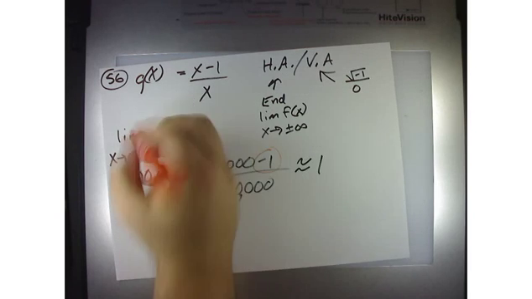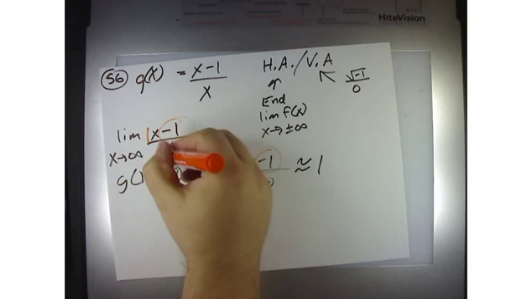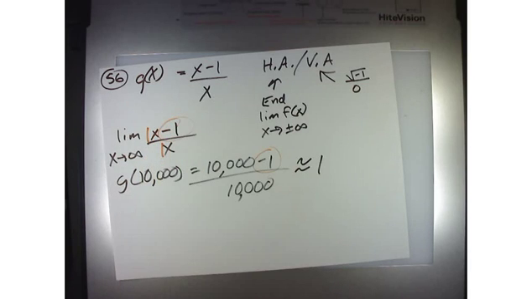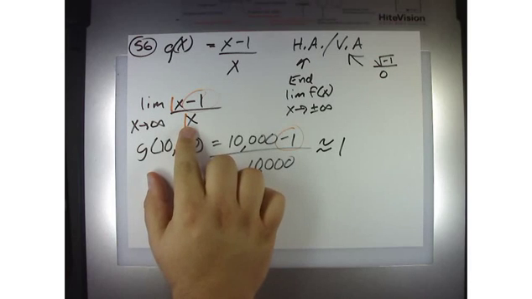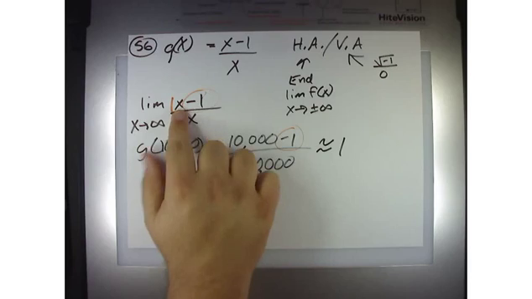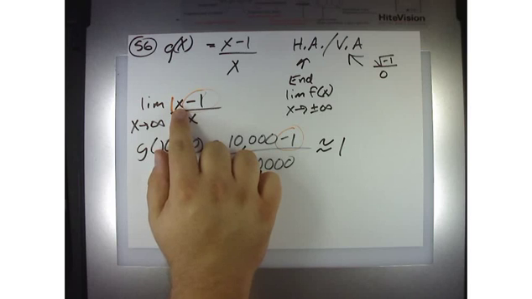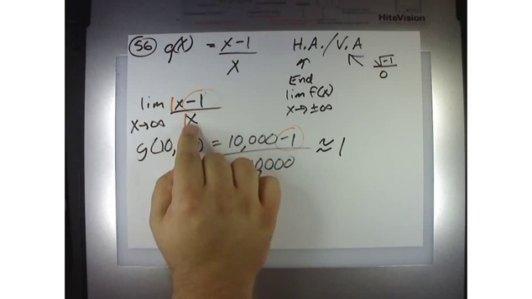The polynomial x minus 1 has a leading coefficient of 1, and this has a power of 1. In other words, this is a first degree binomial, and this is a first degree monomial.